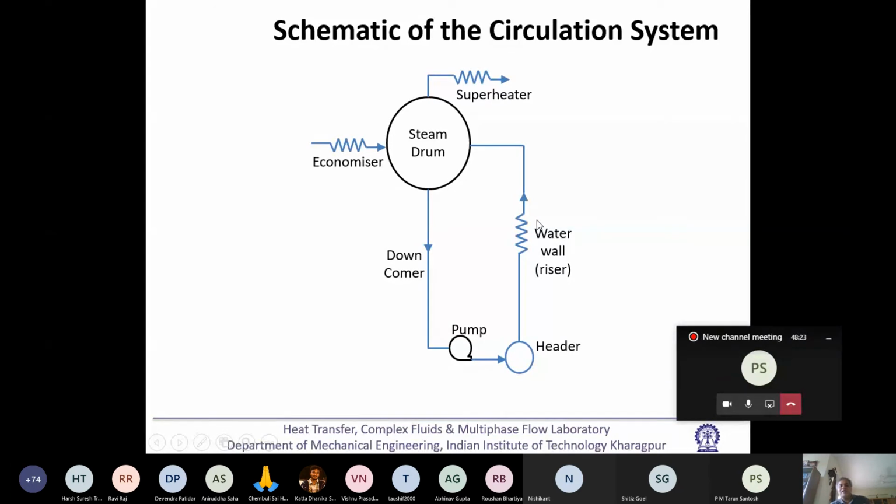But even 20% steam is not less, because the steam volume is very large compared to the water volume. So 20% steam will also occupy a good amount of area in the tube. Then water and steam are delivered to the steam drum, where a lot of water is present.